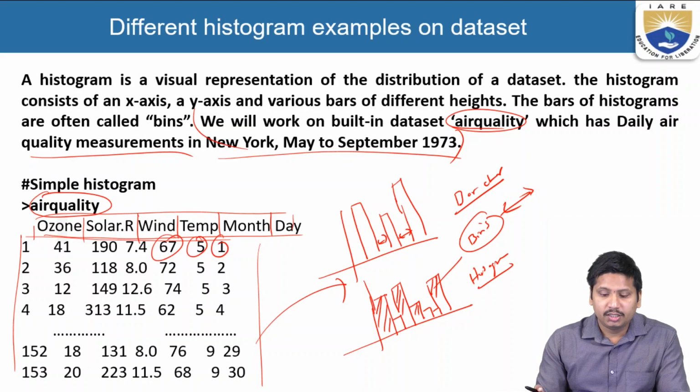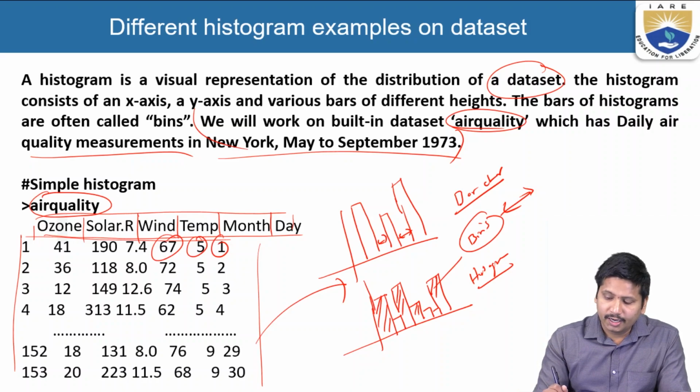So just now I said that the histogram is the visual representation of the distribution of the data set, and it is constructed on an x-axis and y-axis, where the bars are of different heights. Normally the bars I created in this histogram are treated as bins, and for this I'm considering the air quality data of New York as input.